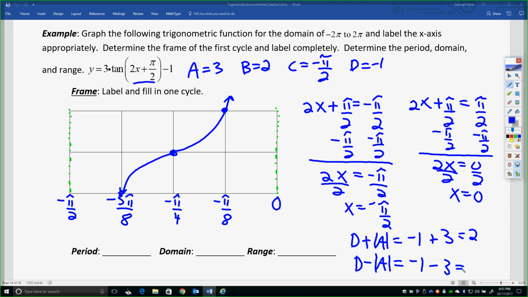So we get 2 and negative 4. If we add 2 plus negative 4 and divide it by 2, that gives us negative 1 for the last value there.